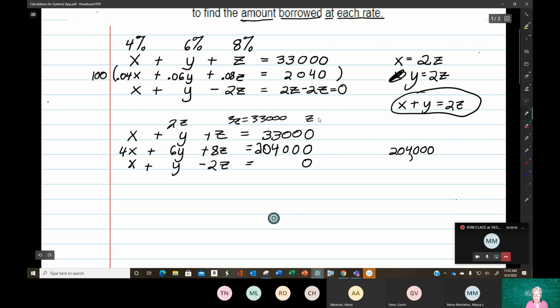So Z would equal 11,000. We wouldn't have to use the matrix at all, but that's what they said to do. And matrices is what you're learning right now and are now totally geniuses at.